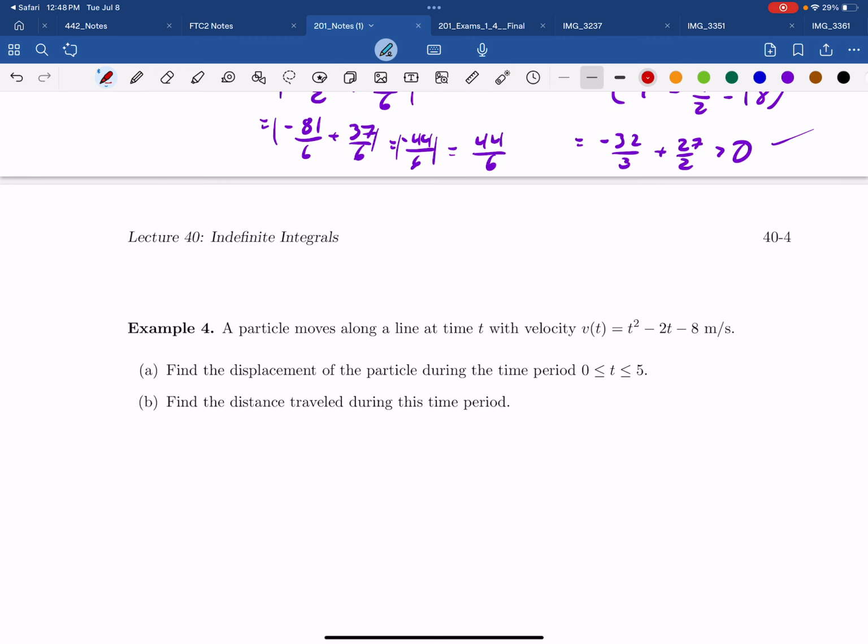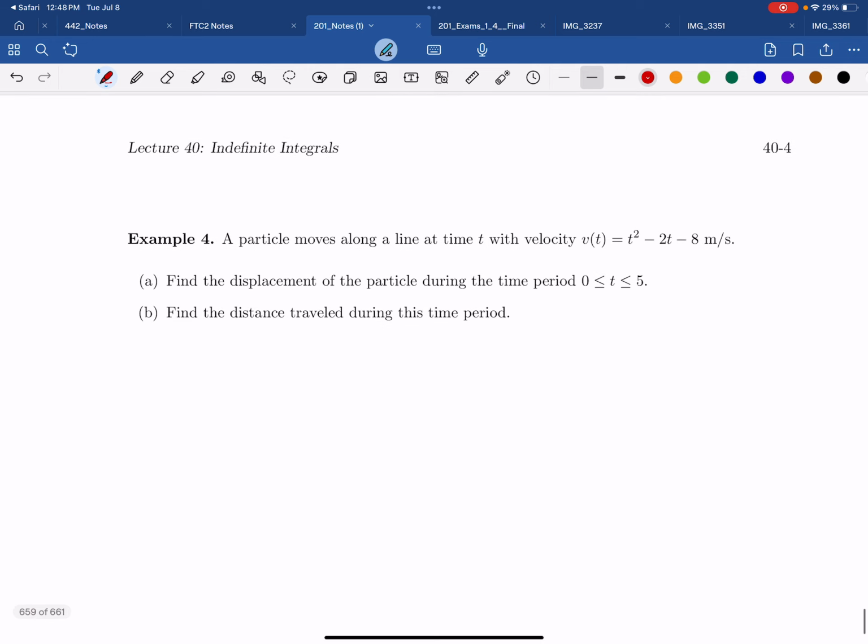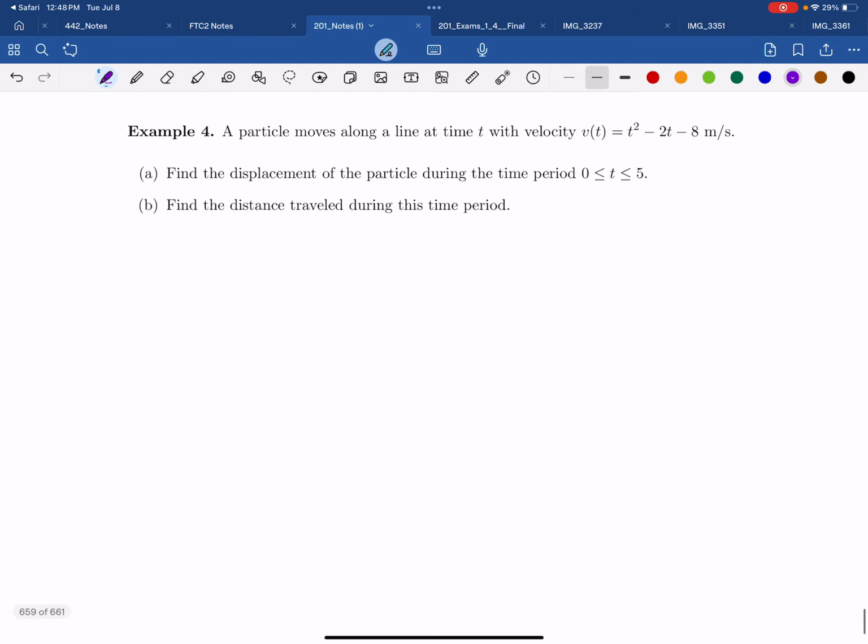So one more example like this. Let's just do one more example. Set this up. Displacement, pretty straightforward. The hardest part of that, by the way, was the simplification.